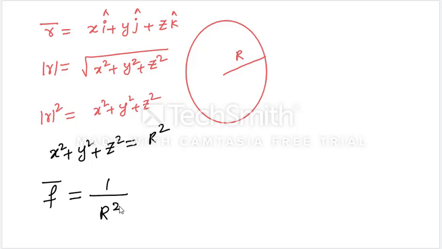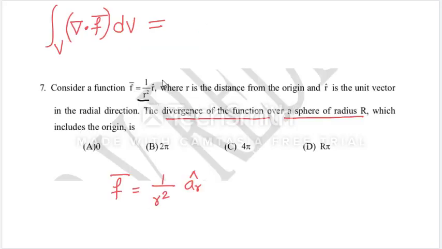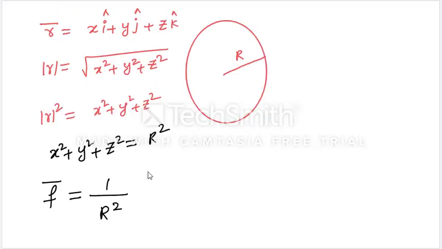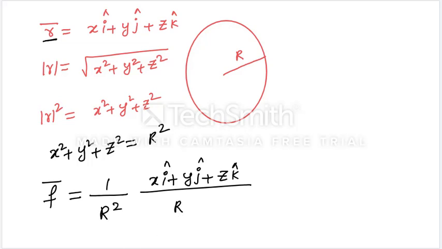And this is e_r cap, the unit vector. The unit vector is given as the vector by its magnitude. So I can write it as xi plus yj plus zk by the modulus of r, which I can say is r.